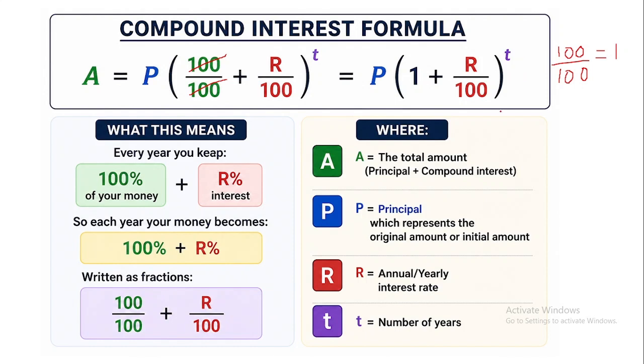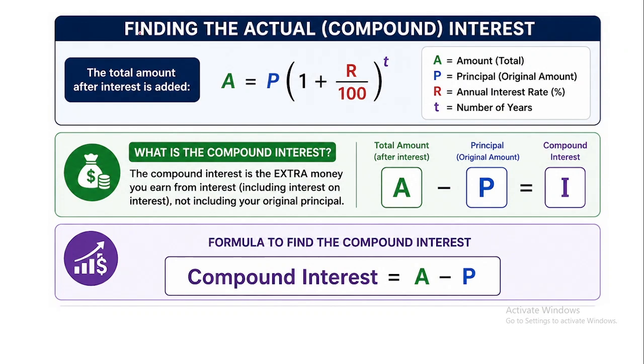Alright, so let's move on from there. Now, to find the actual compound interest: this formula is not the formula for finding the compound interest immediately, but it is used to find the total amount. The formula for compound interest is A, the total amount, minus the principal, which is the original amount, the money that you either invested or borrowed.